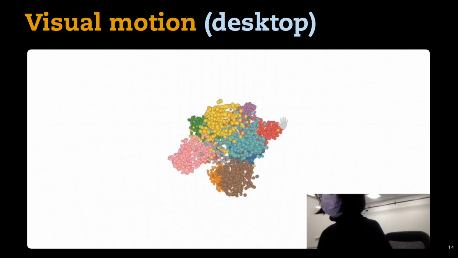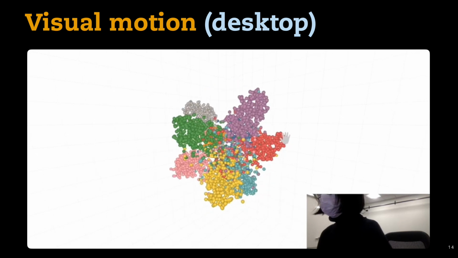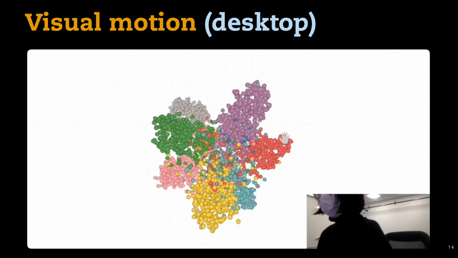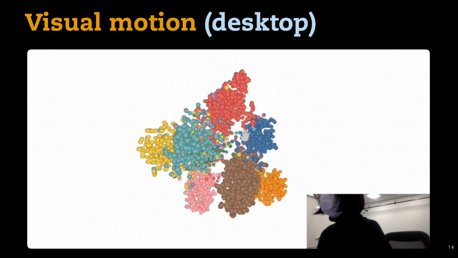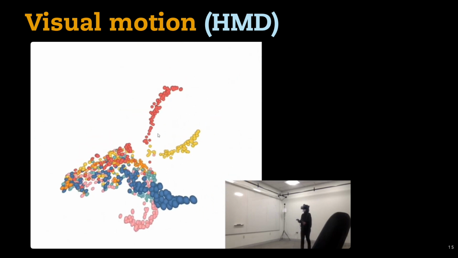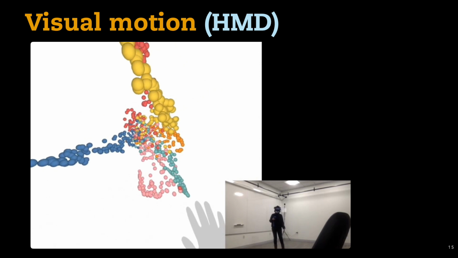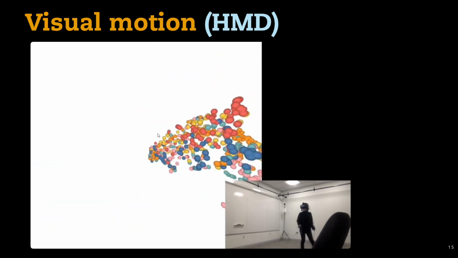On the desktop, they can rotate the scatterplot around its center using the mouse. They can also navigate the scene using the keyboard. And in VR, besides rotating the scatterplot using the VR controller, participants can also walk in the room to see the scatterplot from different perspectives.